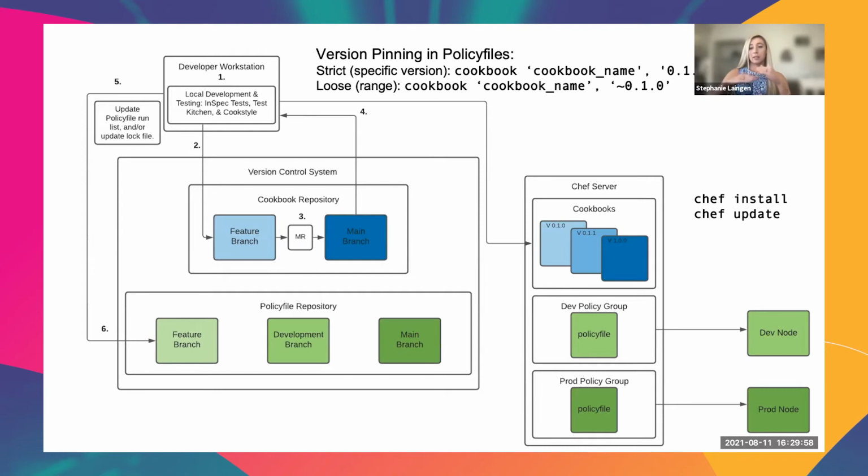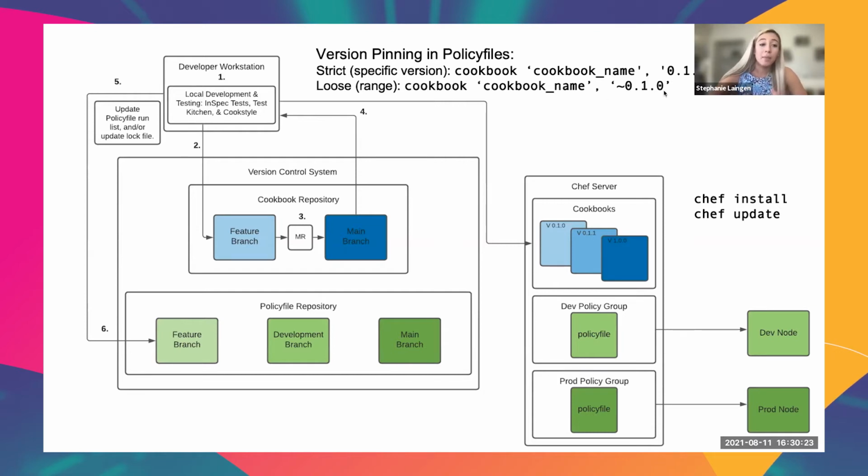So it's 0.10 and then the hard ceiling is 0.20. When we do that, we can run the Chef install and Chef update commands on a policy file without changing it, and we can update the lock file with the new version if it's a small change, because it's within the acceptable range specified in our policy file.